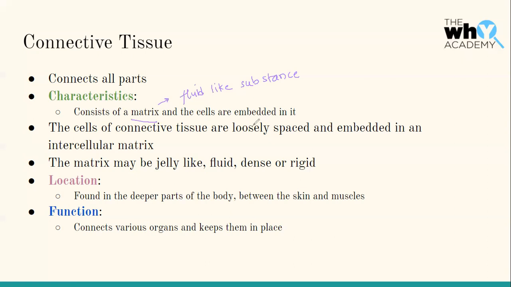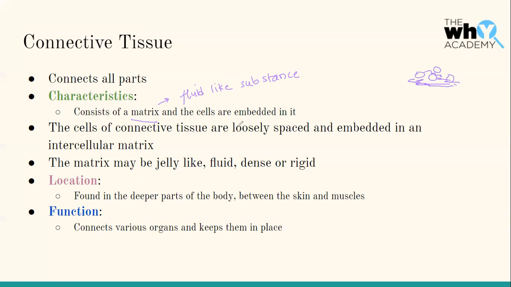Why do I say fluid-like? Because it's not necessary that it should be a fluid. It could be a mixture of fluid and other sticky components, or maybe something else. If not sticky also, it might look like a fluid, but it's not exactly a fluid. So the part in which the cells are sitting, or the part which is holding the cells together, is what is called the matrix.